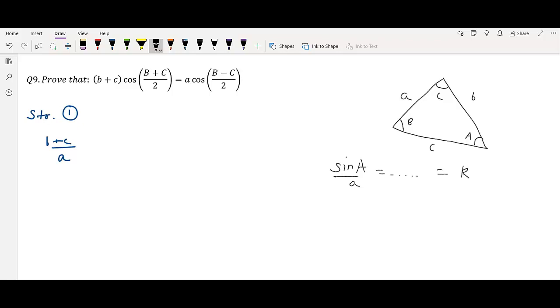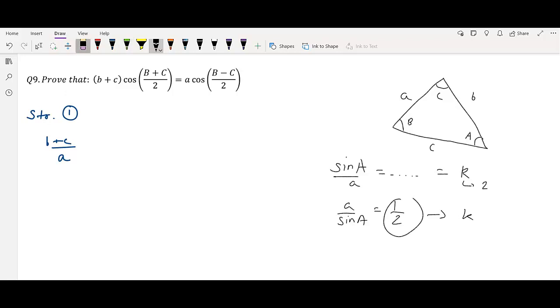This k can be anything, we don't know beforehand, but just for the sake of simplicity, say this is 2. This is not a real value, I just made that up. So if sine A upon a is some constant which is 2, then a upon sine A is also going to be a constant, right? It becomes 1 by 2, which is again a constant, and I can write that as k again.